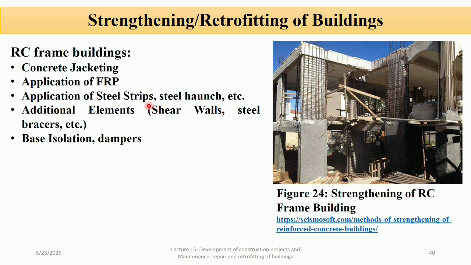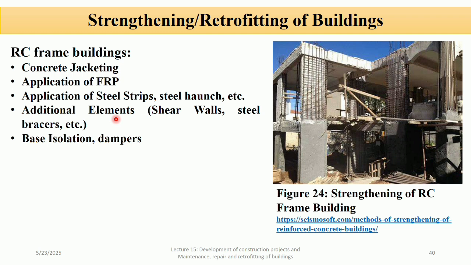Application of steel straps and steel haunch. Adding steel straps, angles or stiffeners to strengthen joints, beams, and connections. Steel straps or plates are welded or bolted to the surface for reinforcement, and steel haunch is a steel element added at the beam column joint to improve strength.